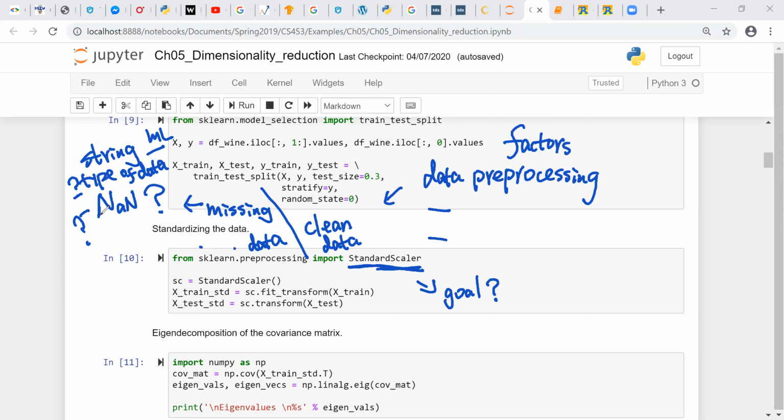So whenever you have some NaN data, how do we deal with it? We can, if it's very, very few missing data and your data set size is quite large.